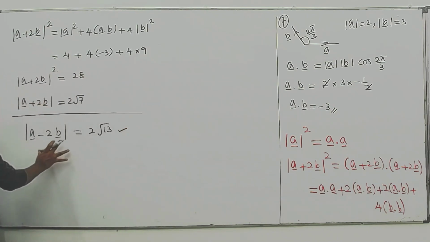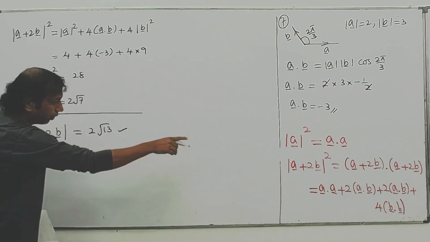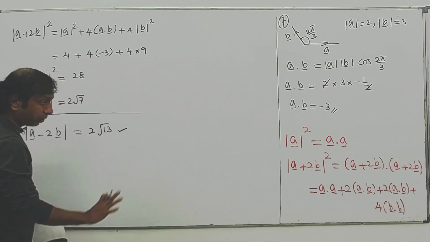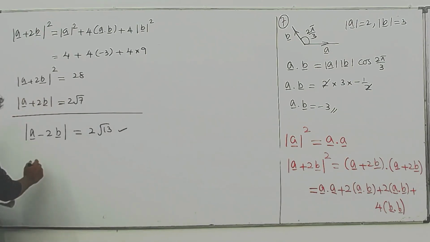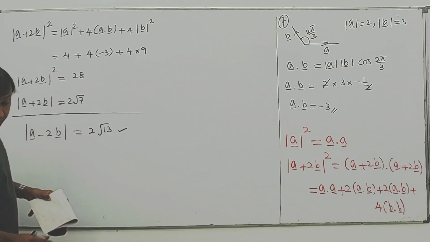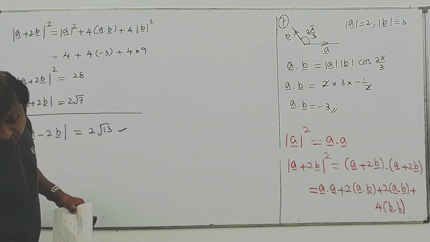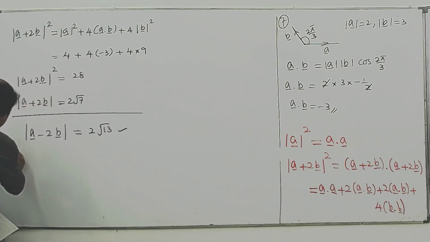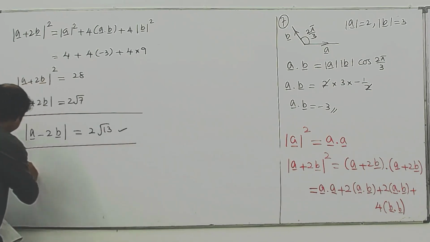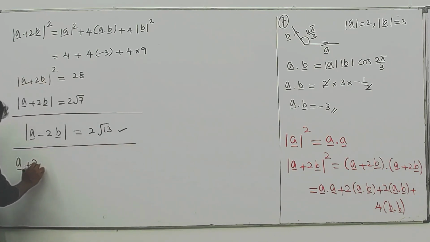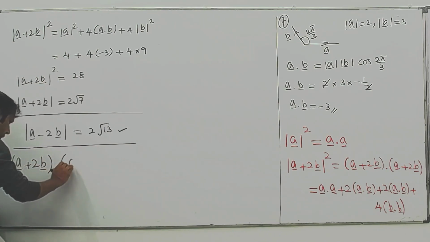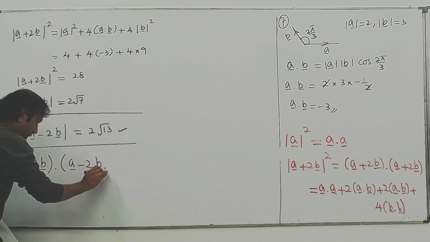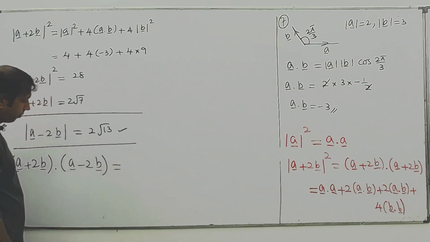Using the same approach, people. I am going to find that. A plus 2B vector dot A minus 2B vector. This way.